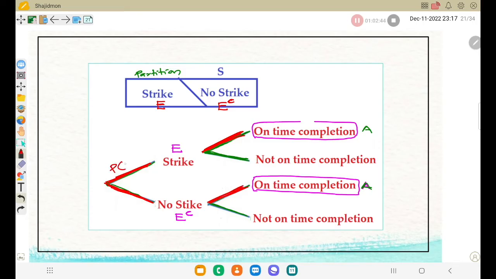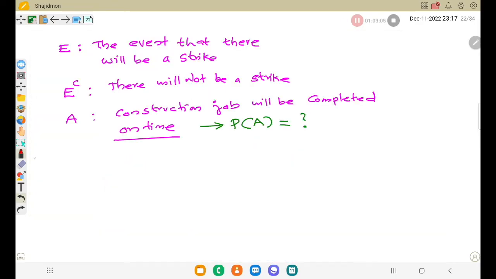This is what? Probability of E. What is this one? Probability of A given E. Now what is this one? Probability of E complement. What is this one? Probability of A given E complement, correct? So I am just writing the rule here now first. Total probability. So probability of A equals, what was the rule we studied?